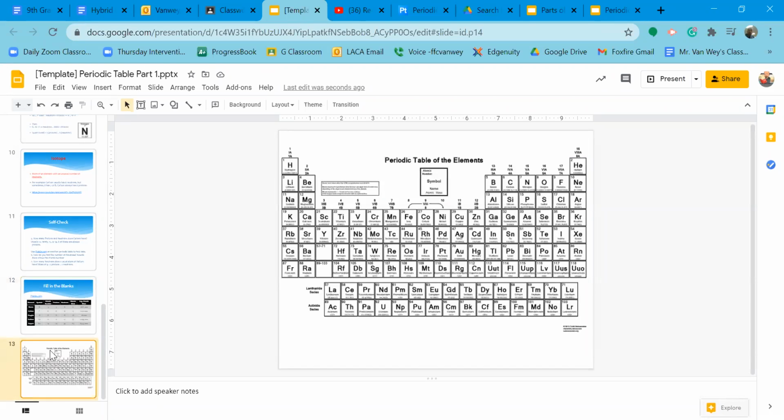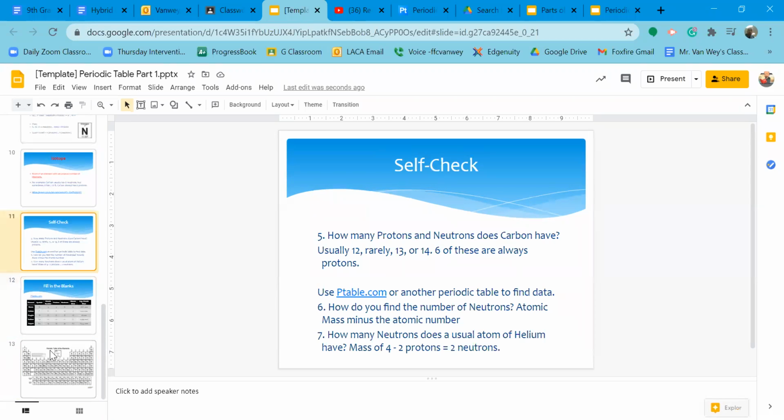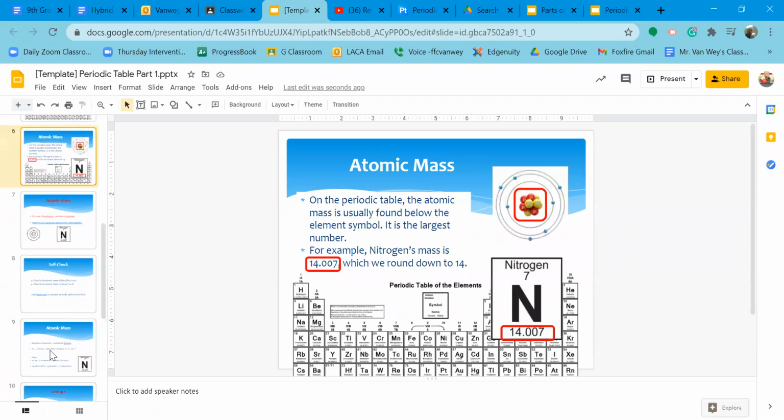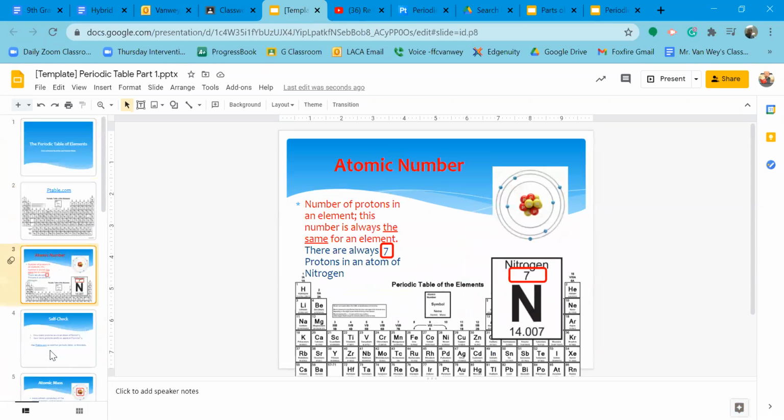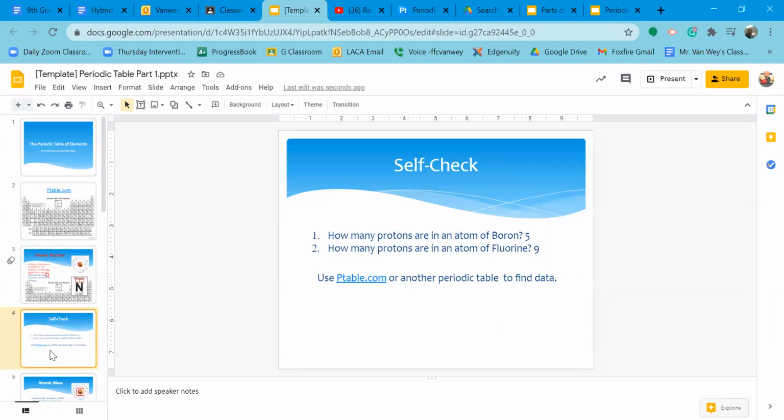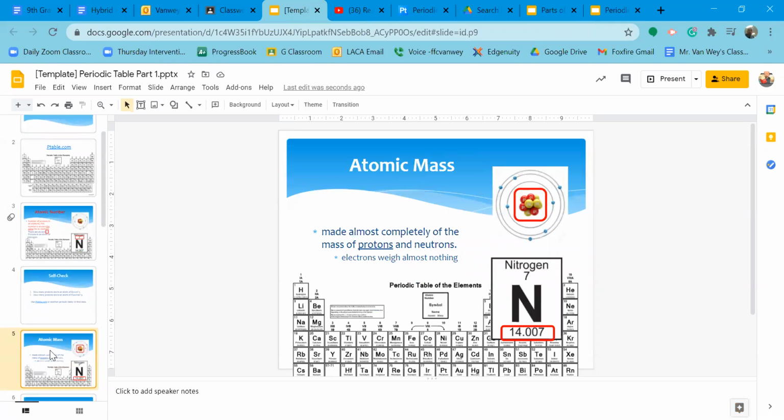Okay, so hopefully we can, well, I should start over. Hopefully we can define the atomic number and find it on the periodic table. We can find it for each element. Hopefully we can find the atomic mass on the periodic table for each element.